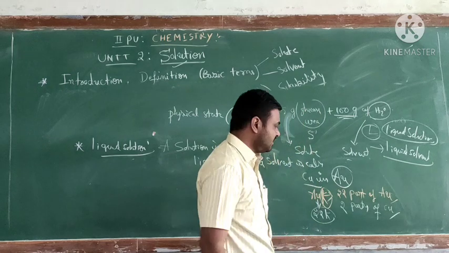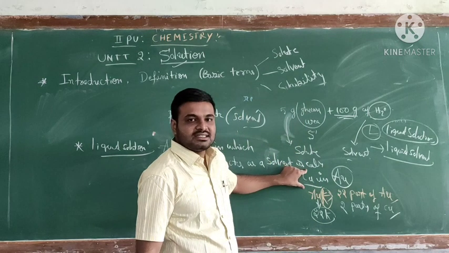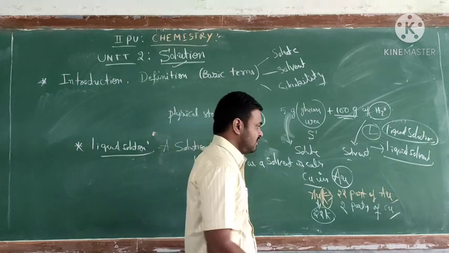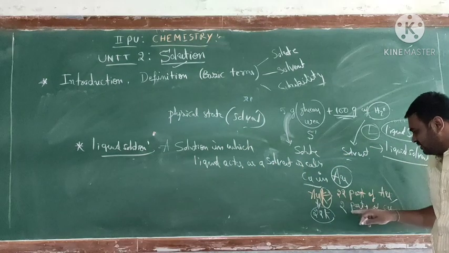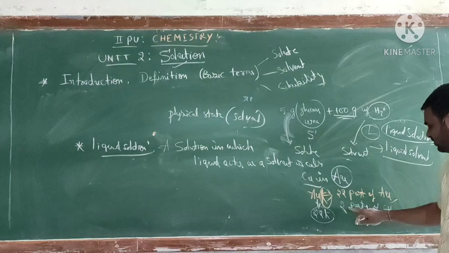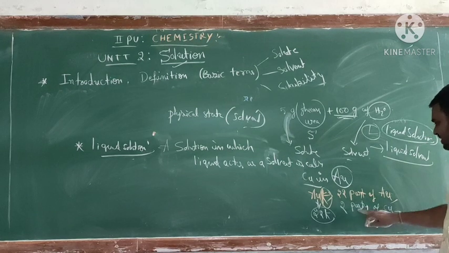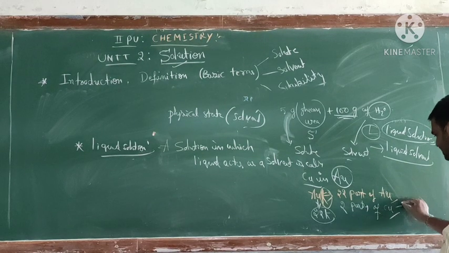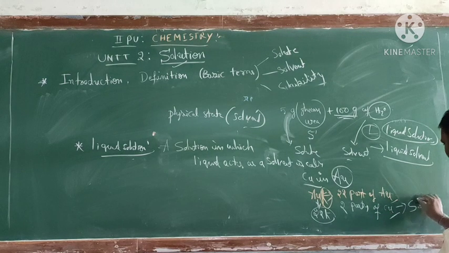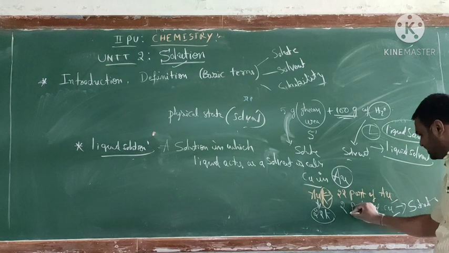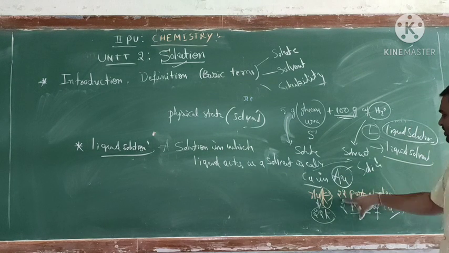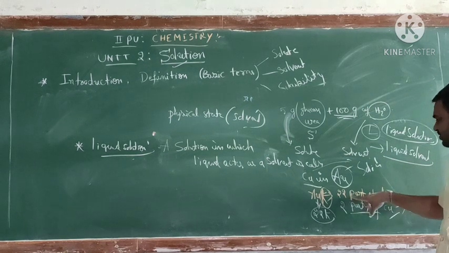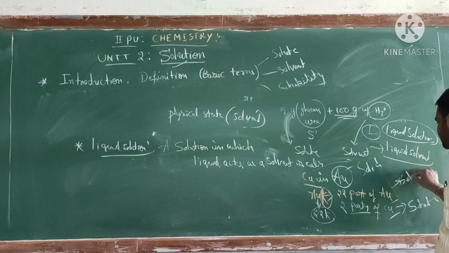The copper is a solid, gold also solid. Just see here, 2 parts of copper. 2 parts means smaller quantity, so it is the solute, but both are solids. 22 parts of gold, 22 means larger, this is the solvent.